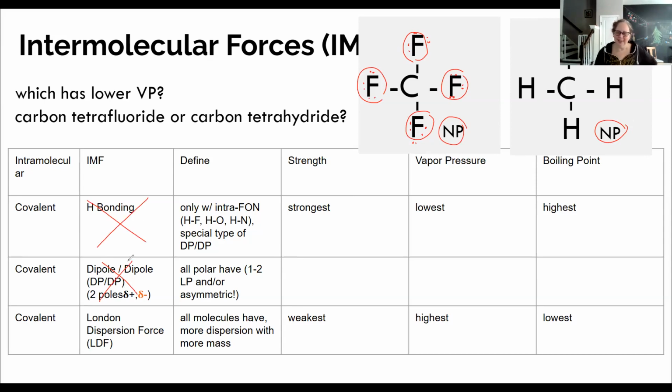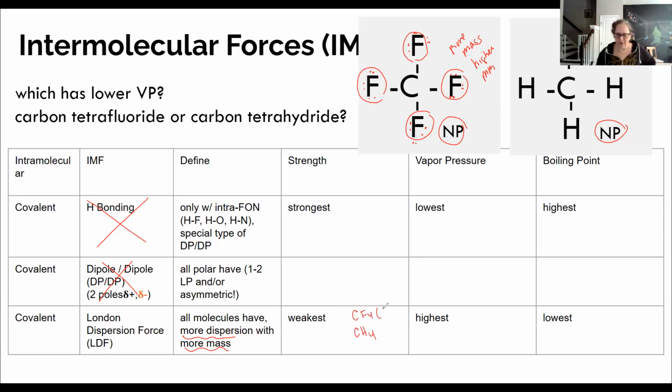So when we're ranking these, we only have London dispersion. All molecules have London dispersion, but you have more dispersion if you have more mass. Carbon tetrafluoride has more mass. It has a higher molar mass. So looking at just this bottom row, carbon tetrafluoride is going to be higher than carbon tetrahydride.